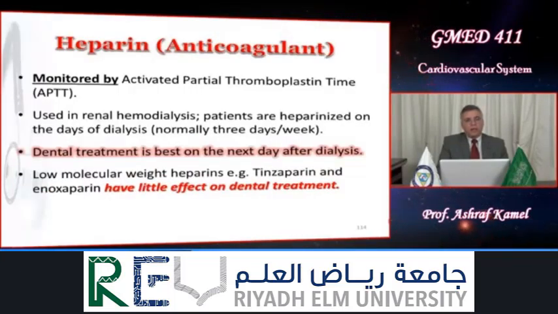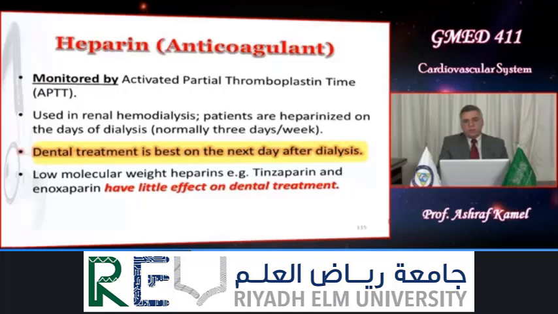Another anticoagulant is heparin. This is monitored by another lab test, which is the APTT, activated partial thromboplastin time. Heparin is most commonly taken by hemodialysis patients with renal failure. They take heparin in order to prevent coagulation of blood in the dialysis machine.